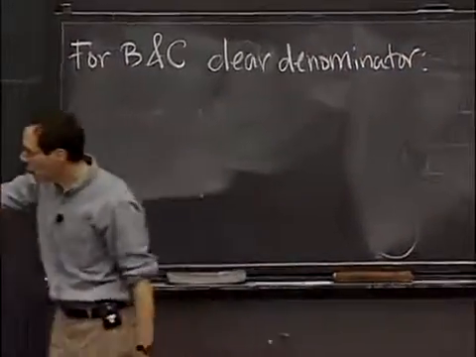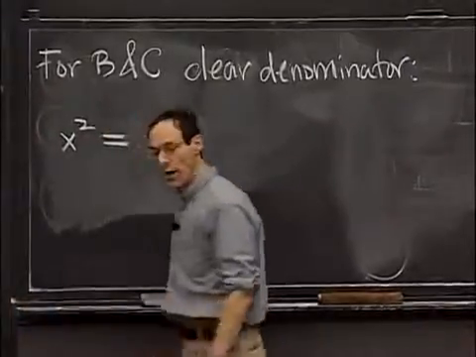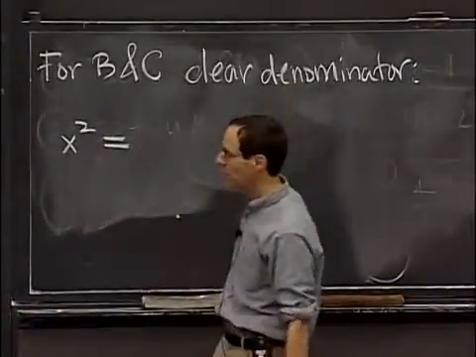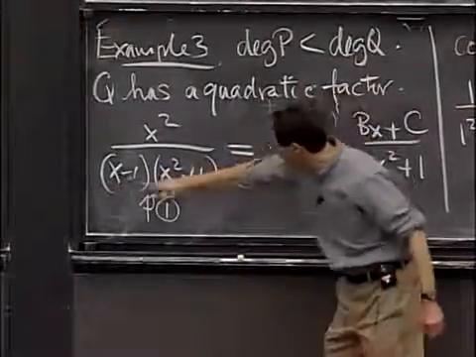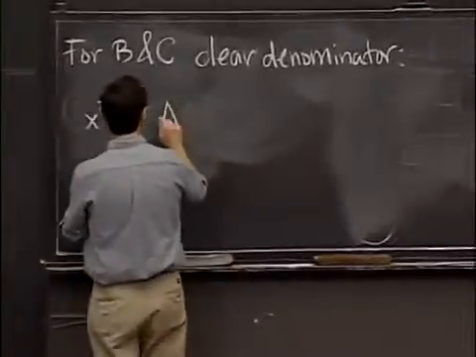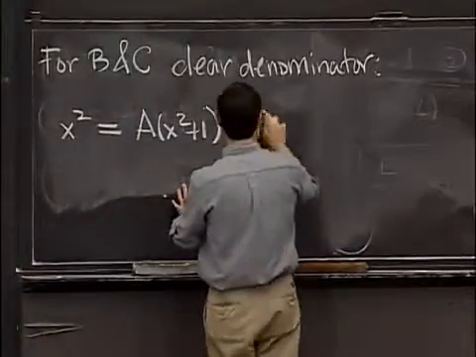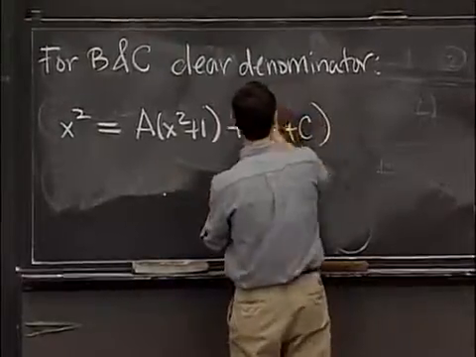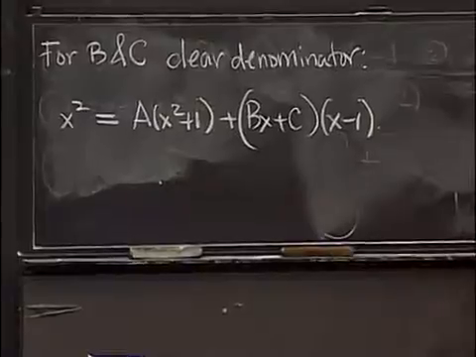That means multiply through by that whole business. Now when you do that, on the left-hand side, you're going to get x squared, because I got rid of the whole denominator. On the right-hand side, when I bring this up, the x minus 1 will cancel with this. So the A term will be A times x squared plus 1. And the Bx plus C term will have a remaining factor of x minus 1, because the x squared plus 1 will cancel.